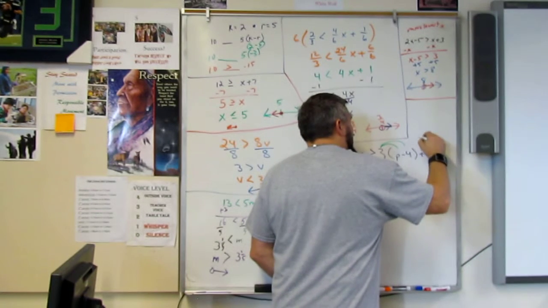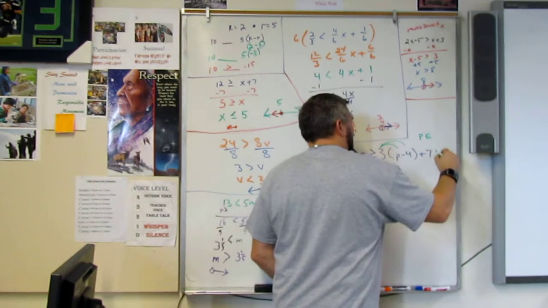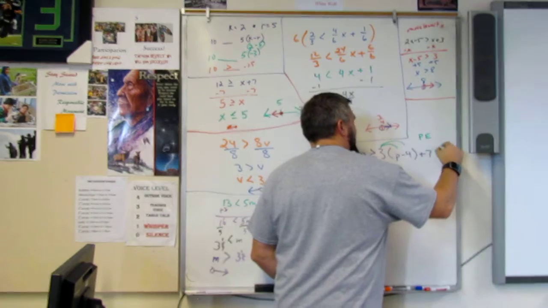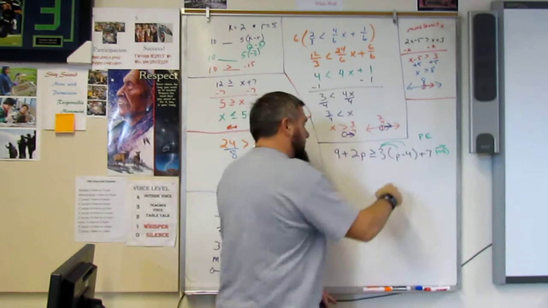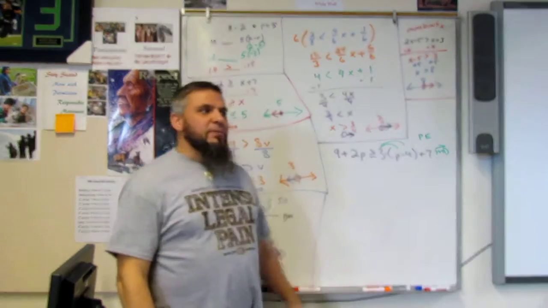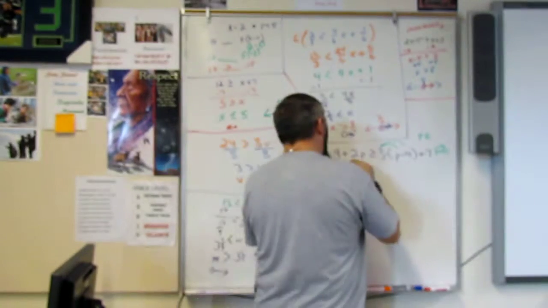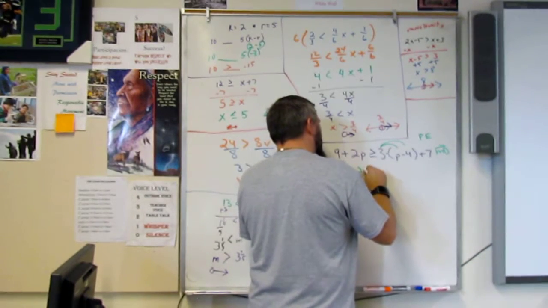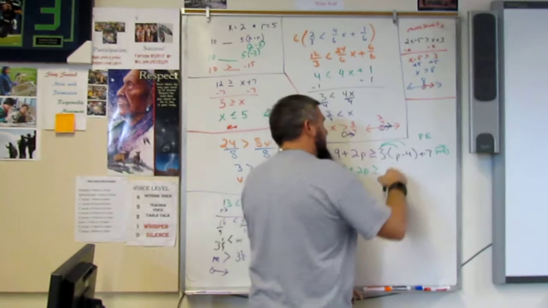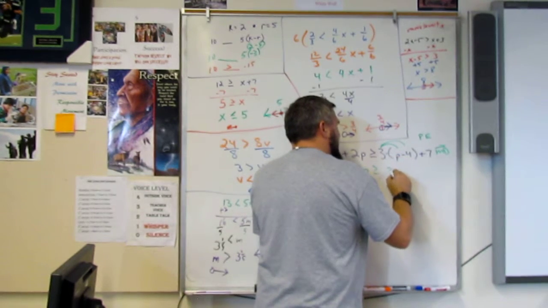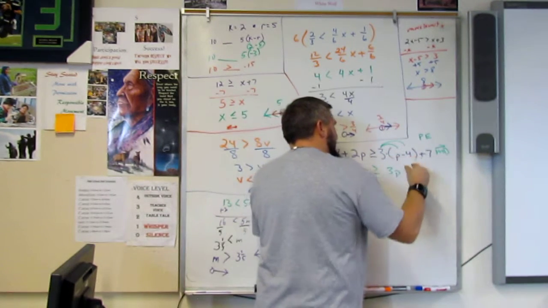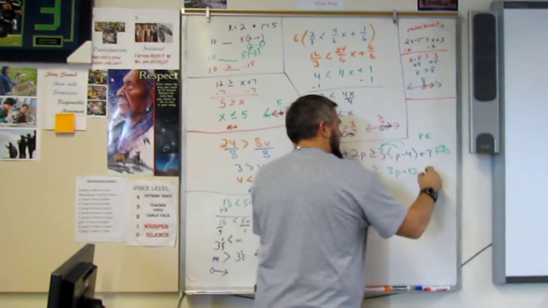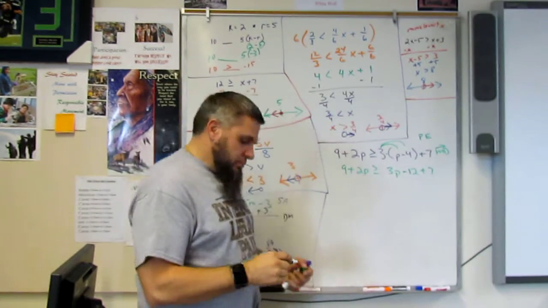So it's PEMDAS, parentheses, exponents, multiplication division from left to right. Okay? And that's what we're doing right here. Multiplication division from left to right. So I've got 9 plus 2p is greater than or equal to 3 times p is 3p. 3 times negative 4 is negative 12. And then plus 7. Okay?